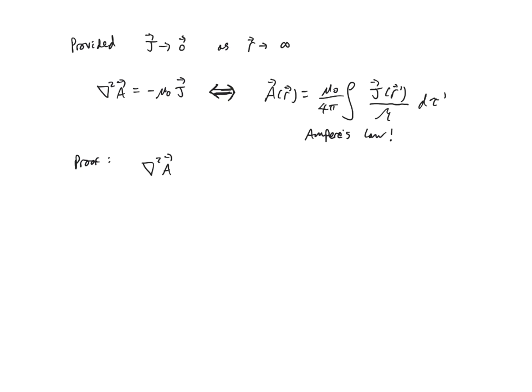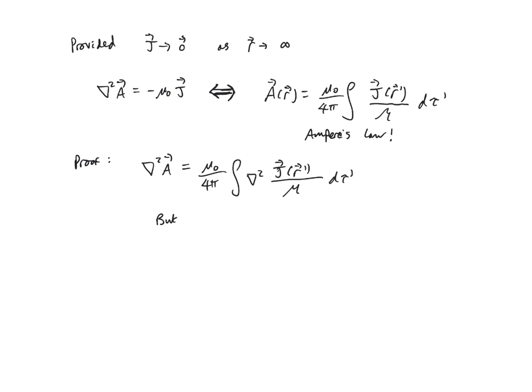I want to take del squared of A, that's basically going to be the Laplacian, inside the integral it's going to be the Laplacian of J divided by this script R, d tau.